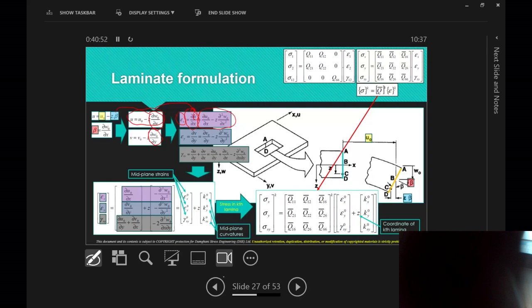So the strain of the midplane in x, strain in midplane in y, shear strain of the midplane in x and y, plus z, curvature of the midplane. So essentially, if I want to find deflection of point C here after deformation, after loading, I'll end up knowing what the midplane is doing, plus z, or the location of that C with respect to the midplane. You'll see later on how the whole thing comes together. Okay, and then just for each ply you need to do that.